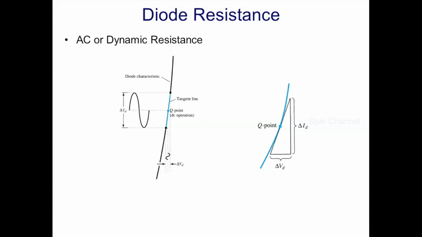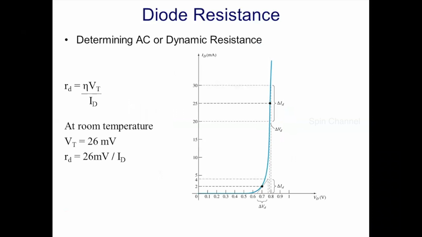Because of this reason, this is called small signal resistance or incremental resistance. So on finding the value of rd, we end up with an expression rd equal to eta Vt divided by Id. Eta is a constant. Vt is also constant at a particular temperature. So in that case, the dynamic resistance depends on the diode current, or it is inversely proportional to the diode current.